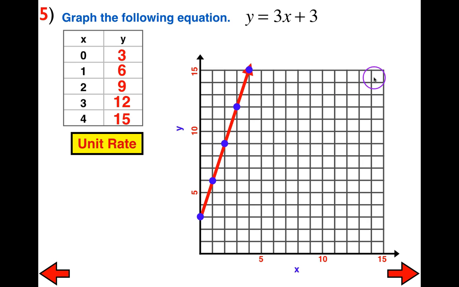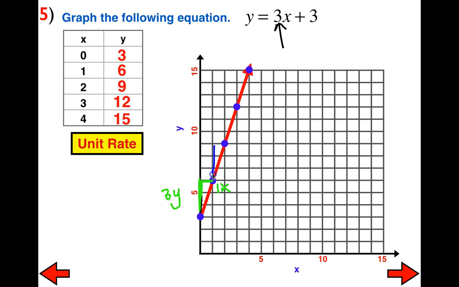So the unit rate can be found here in our equation. This is our unit rate, okay? Which means for every 3 y's, because it's moving by y's, it goes 1 x.